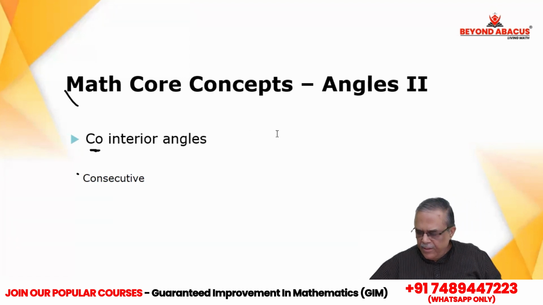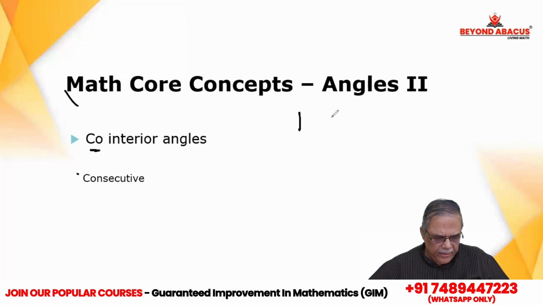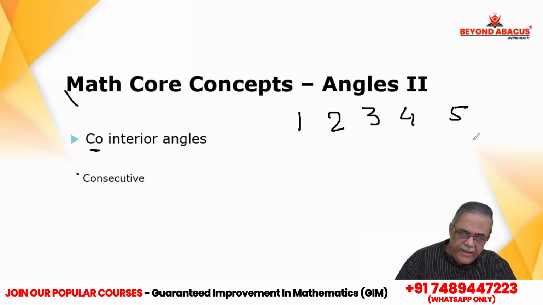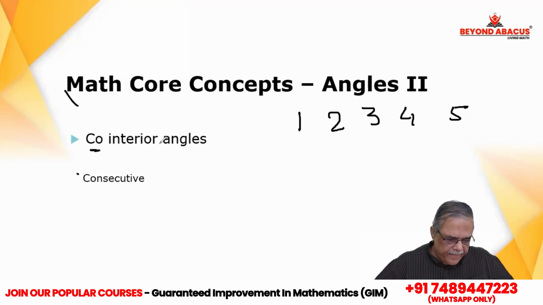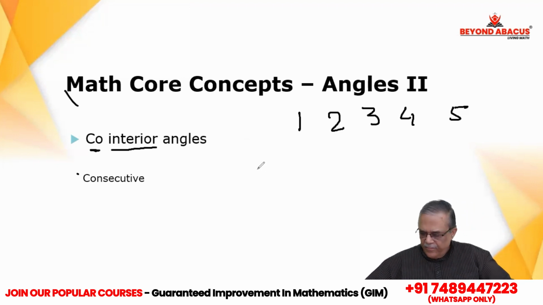What does it mean? Consecutive means one after the other. Like for example, if I had to use consecutive numbers, so 1, 2, 3, 4, 5. These are consecutive numbers, one after the other. They are following a pattern, and they are just coming one after the other. So co-interior angles. And interior means inside. Like let us see.